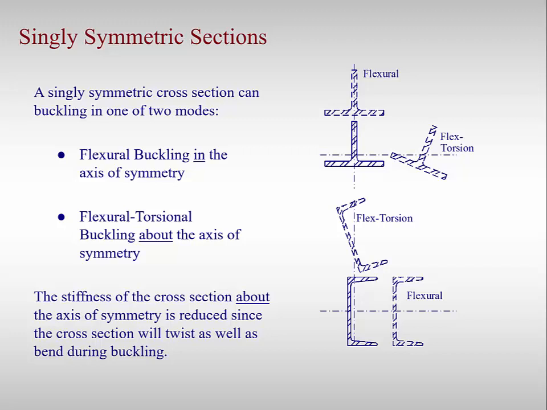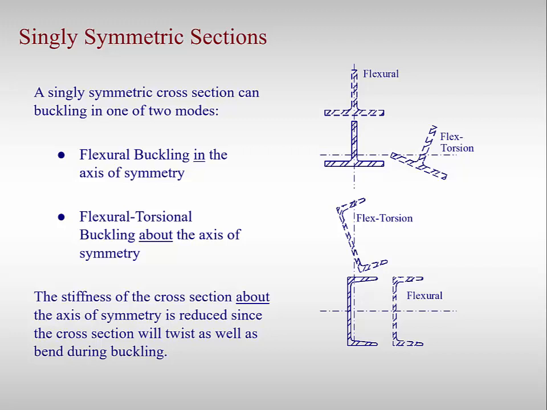For C shapes, this is buckling in the x-axis or buckling about the y-axis. The flexural torsional buckling occurs about the plane of symmetry. For a WT shape, this is buckling in the x-axis. For C shapes, this is the y-axis.